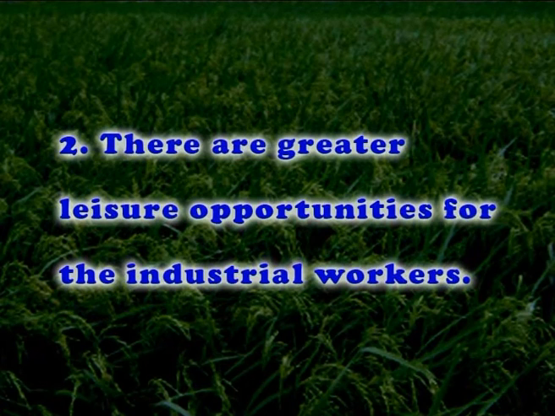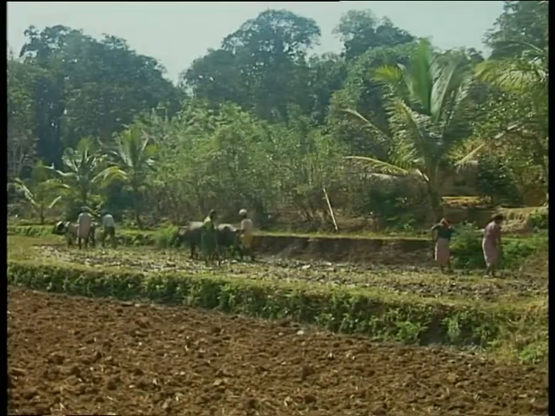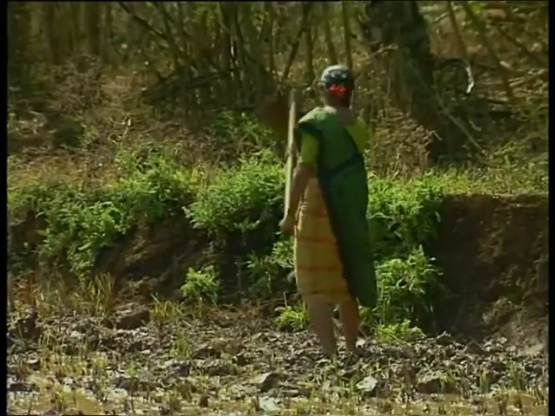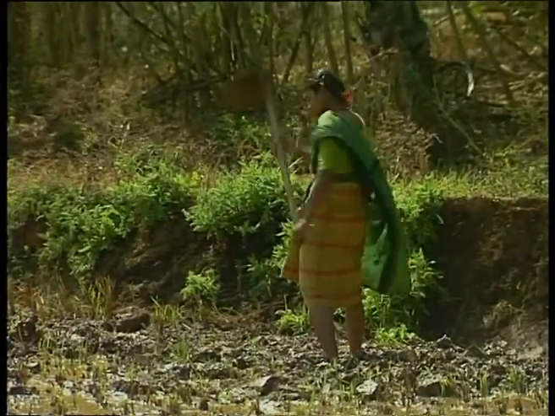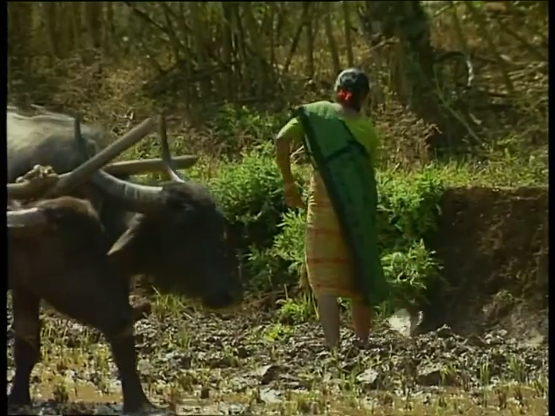Secondly, there are greater leisure opportunities for the industrial workers. In India, very few job opportunities occur outside agriculture, which leads to unemployment of agricultural landless labour and small farmers. Thus, the availability of labour has a direct impact on agricultural land use.